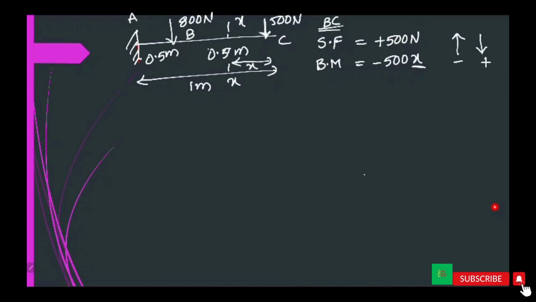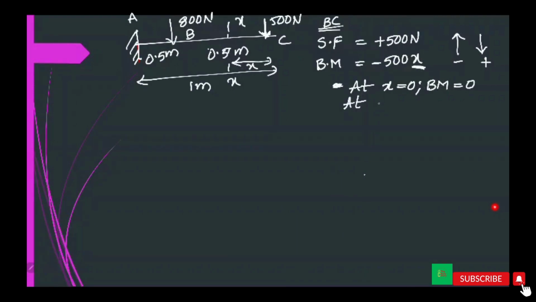In the bending moment, the sign is negative. So, minus 500 into X. At minimum, X is 0, so bending moment is also 0.